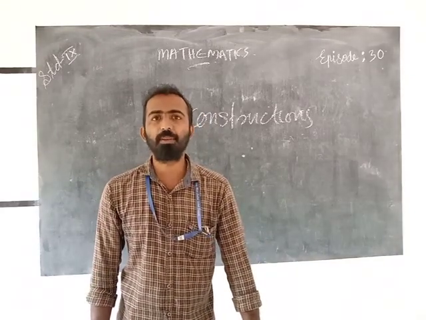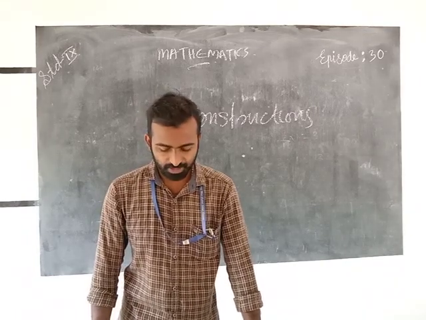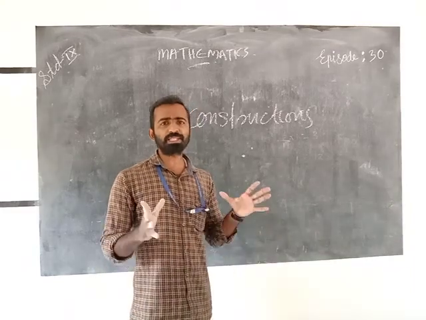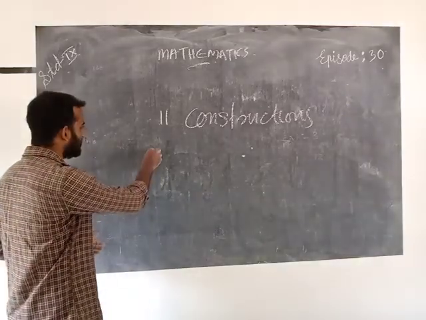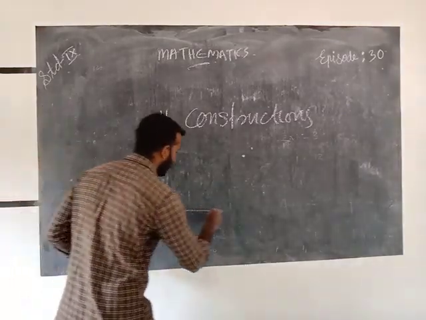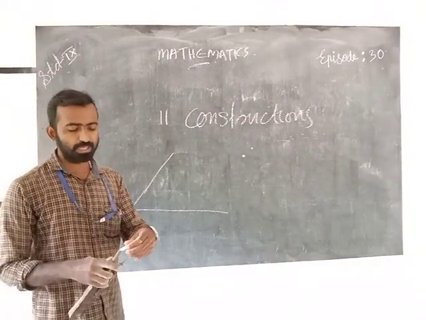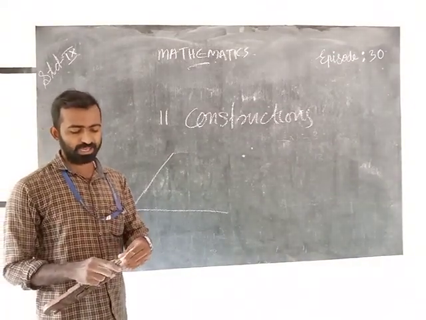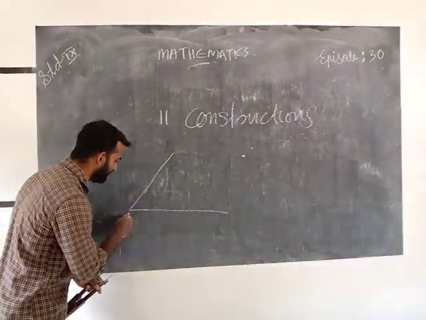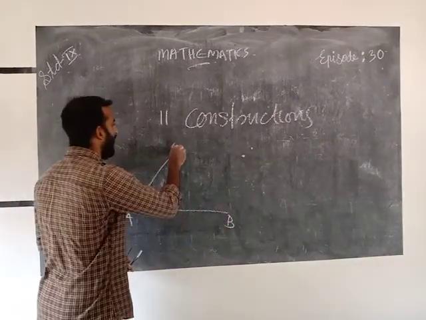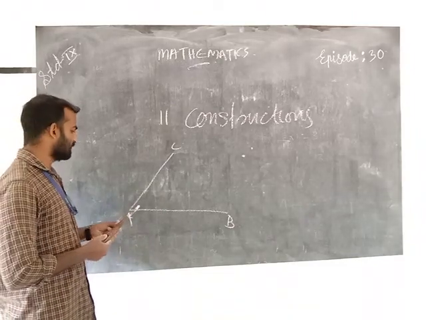When we construct the bisector of an angle, this is the angle. First we set the compass with a radius r. Then we name the points: this is A, this is B, and this is C. We may take any radius we like.